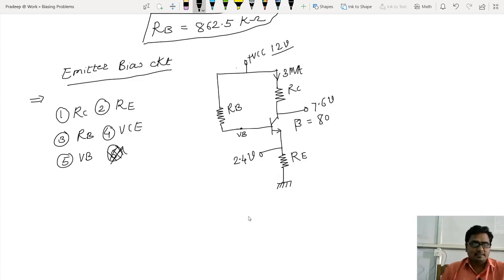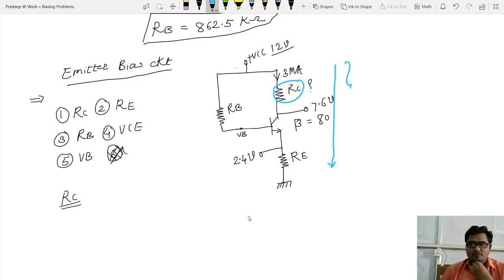Let us start with RC. Now observe the circuit diagram. How can I calculate this resistor? What if I apply KVL to this loop?